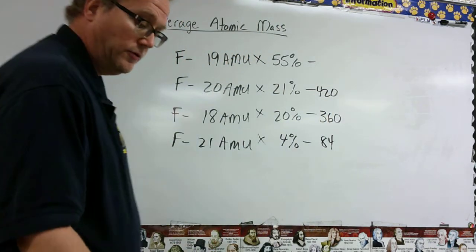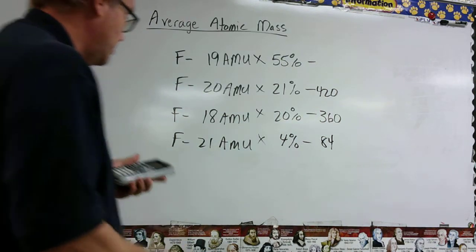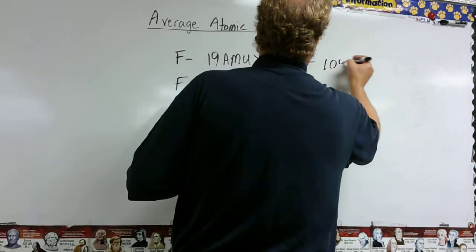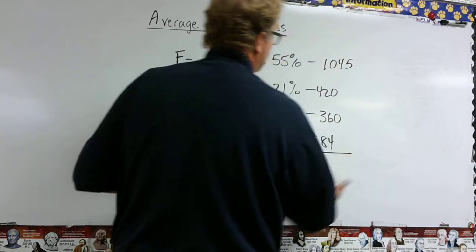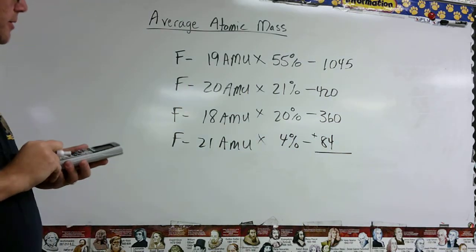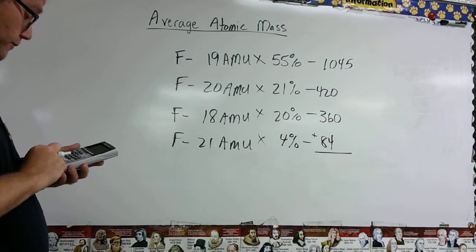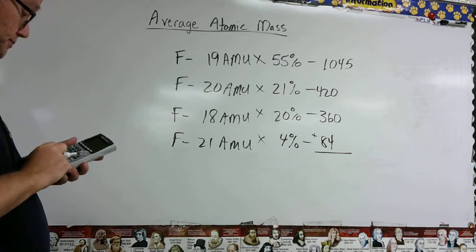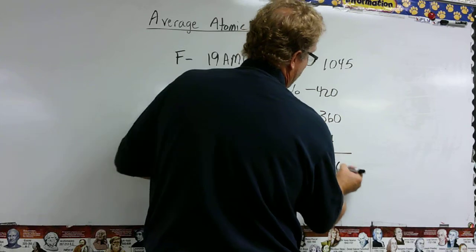And then 19 times 55. Got to use a calculator for that part. 1,045. And what do we do? Add them up. Again, the processes are pretty easy. You just have to practice it. So I've got 1,909.